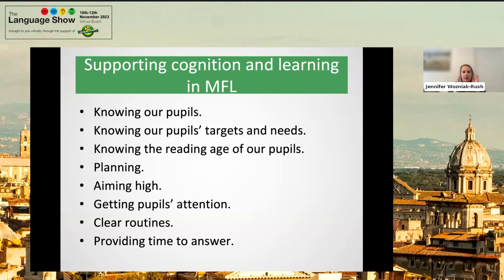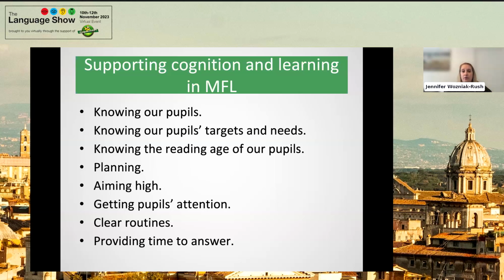But I think when we're thinking about an inclusive MFL classroom, understanding and getting to know our pupils is key. So really knowing your pupils. Do you know who all your SEN pupils are? Do you know their targets? If they've got a care plan, do you know what strategies you're supposed to use in the classroom? Because you might have 3 pupils with ADHD in your class, but they might actually have different strategies that work for different pupils.